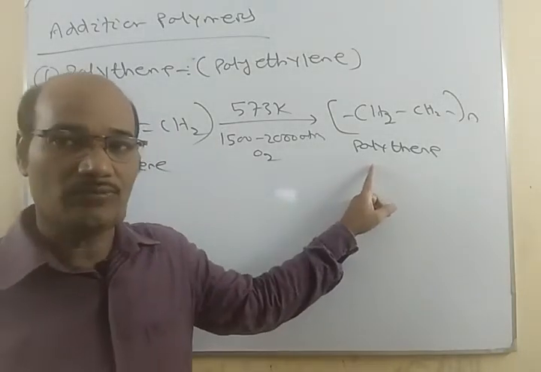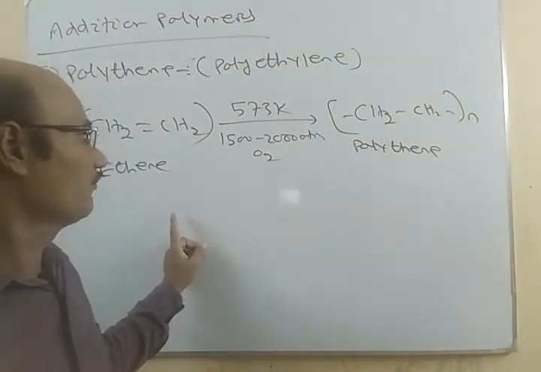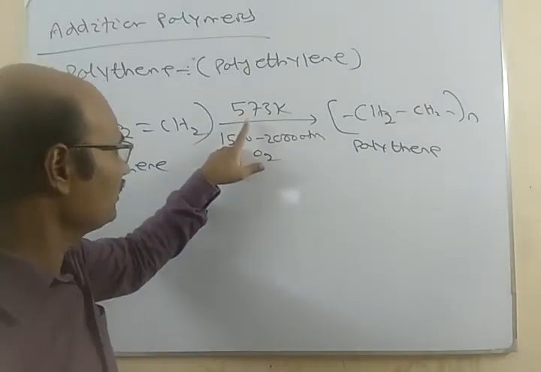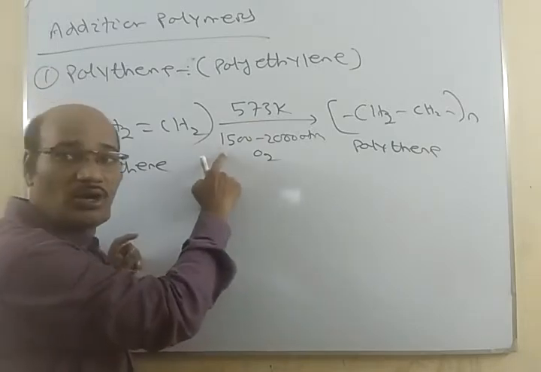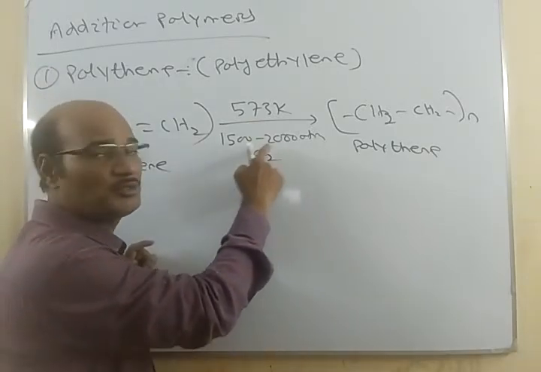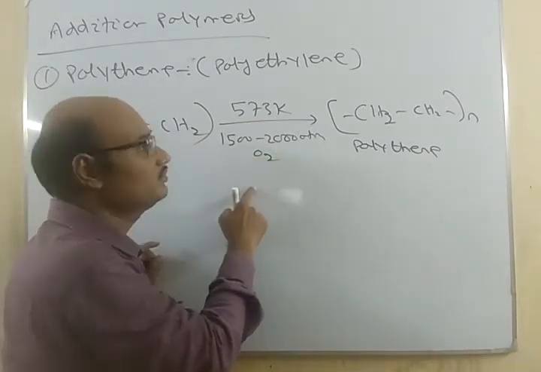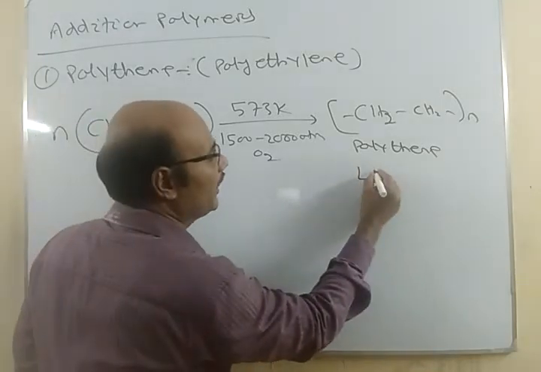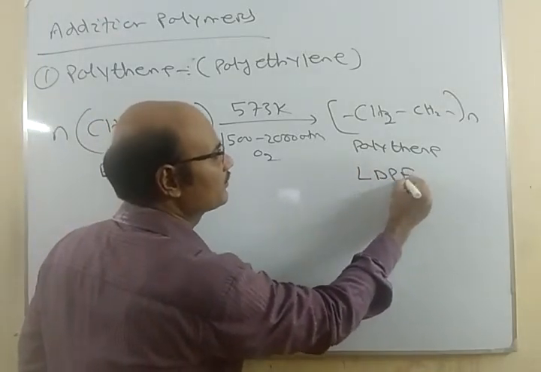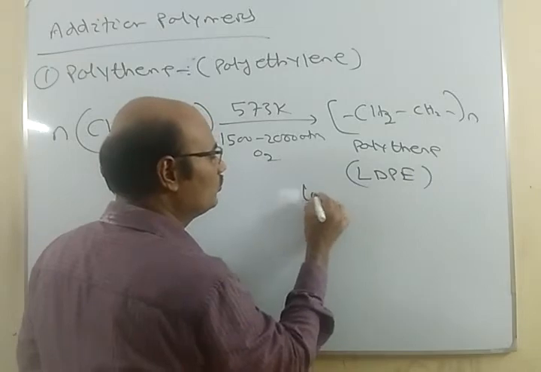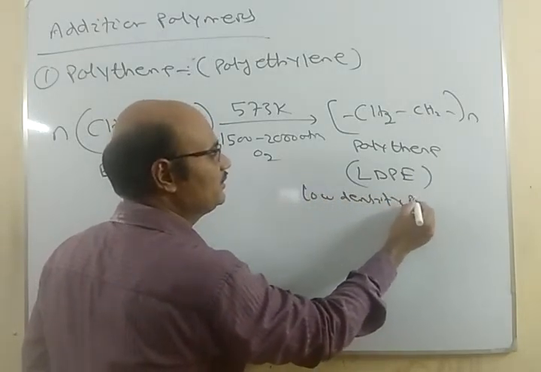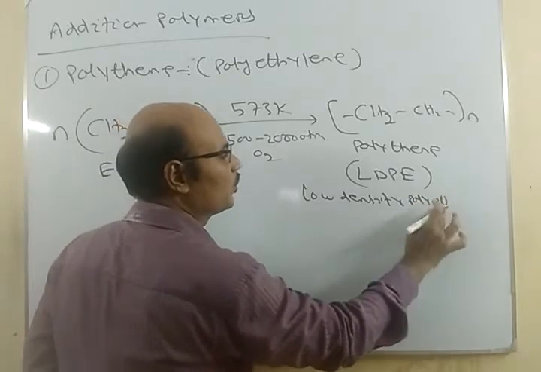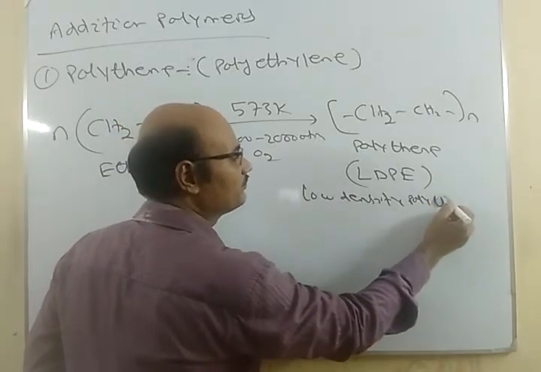This polythene obtained from ethene by heating at 570 Kelvin with a pressure of 1500 to 2000 atmosphere, catalyzed by oxygen, is called LDPE, that is low density polythene.